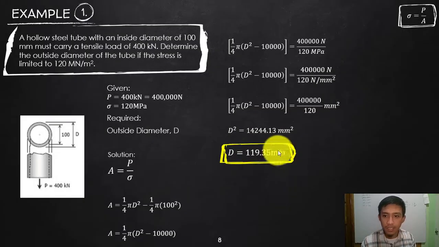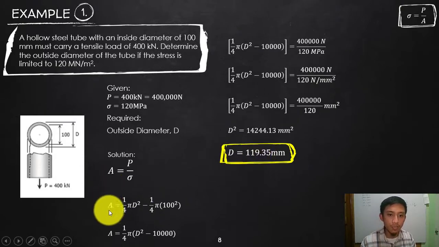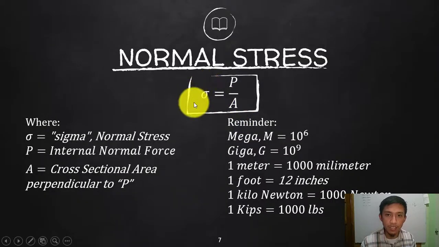If I will increase 119.35, then that will increase my area. And as the area increases, what happens with the stress? Given P as the constant, this will increase, and then the entire value will decrease. So the stress will decrease as the area increases.